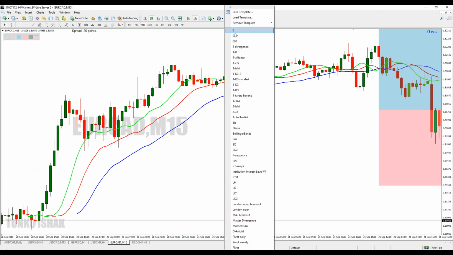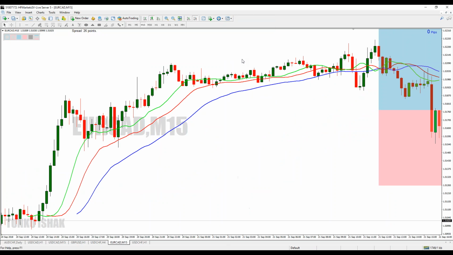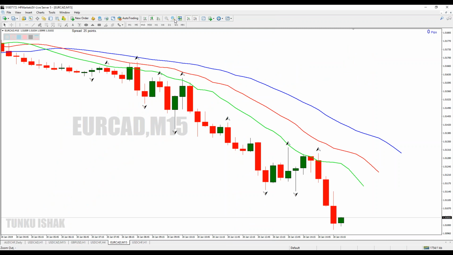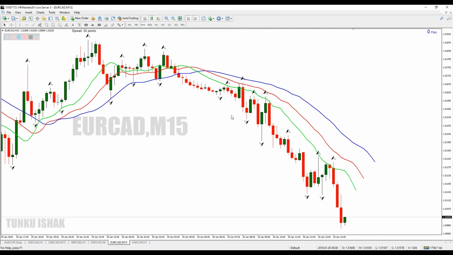So let me look here. Alligator and fractal. Okay, what is happening this morning? When this crossing, it tells us one thing.